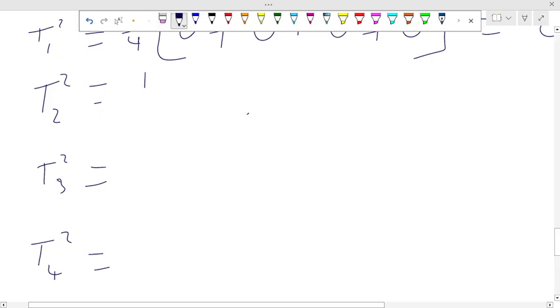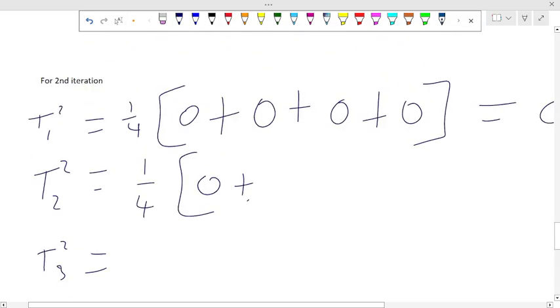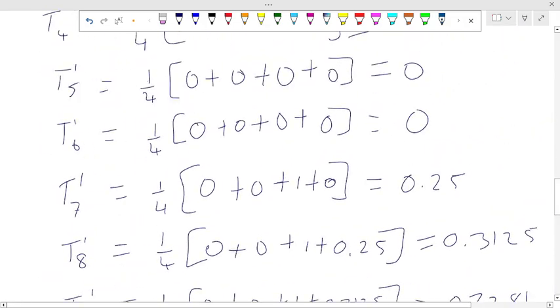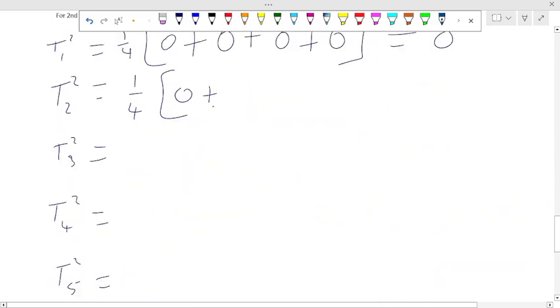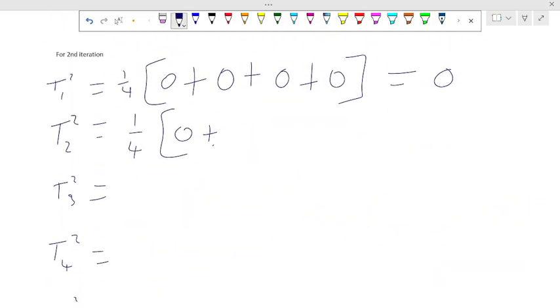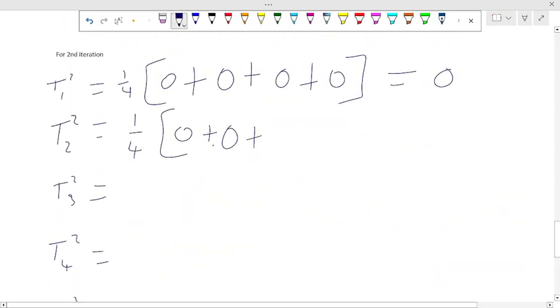So 1 over 4. So the next one for T2, we have 0 plus T3. But what is T3? What is the latest iterative value of T3? 0. So we'll plug that in. 0 plus, what is the latest iterative value of T5?